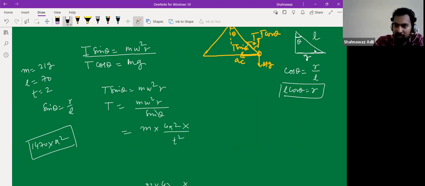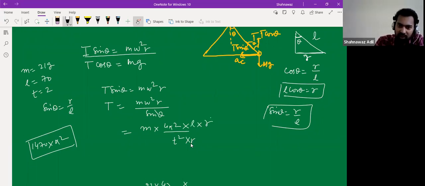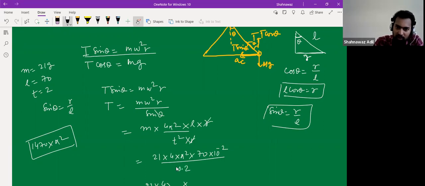Sine theta was R by L, so this was R, and this was L, and this was R. So this was getting cancelled. So 21 and then 4 pi square, and then L was 70 into 10 to the power minus 2, and then T was 0.2. Right, so directly we could have got this answer.